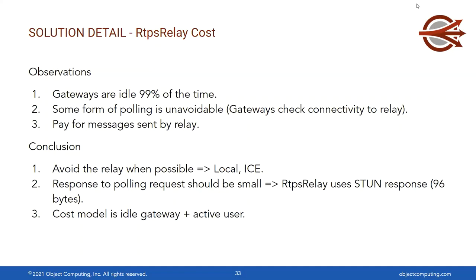And your overall cost model is to model how much load an idle gateway causes, and then how much load an active user causes, and then scale them by your number of idle gateways and active users. That applies to CPU, and it also applies to your network egress cost. So that is a framework for how you can think about what your application might cost if you're using the RTPS relay.